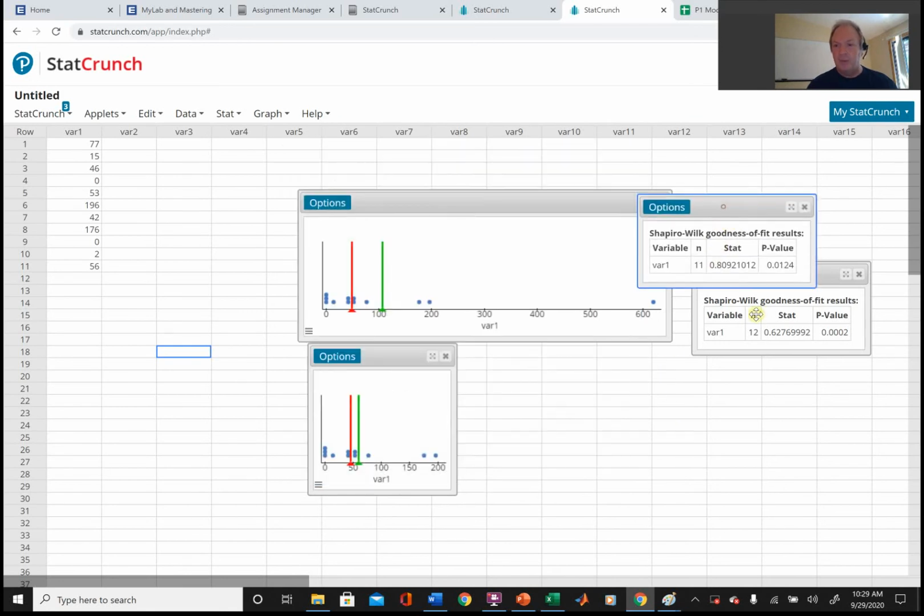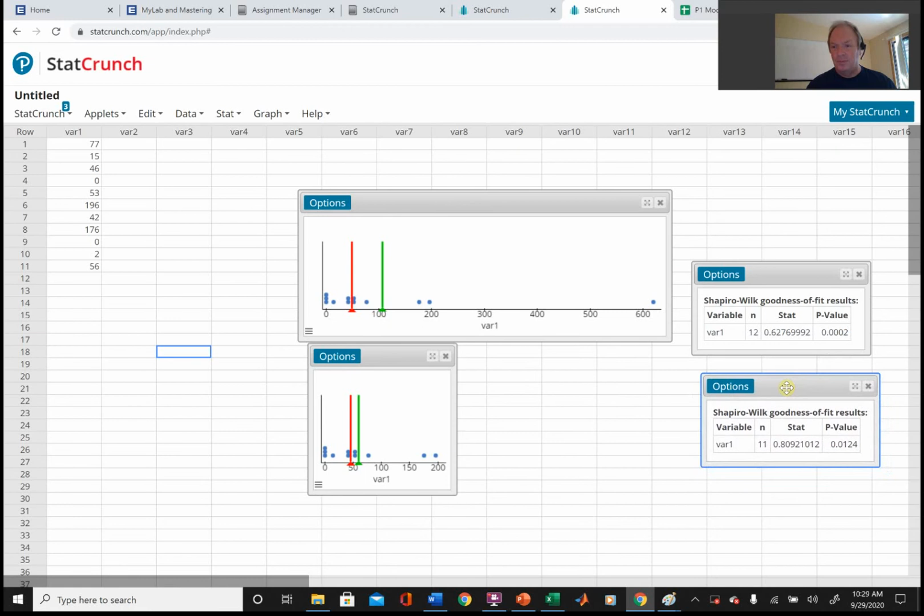And notice that we still reject the null. Again, consistent with our original decision that it did not appear to be a symmetric mound shape. The p-value, which is around 0.01, is less than alpha, which is 0.05, so we reject the null. And we say that it's not from a normal distribution.